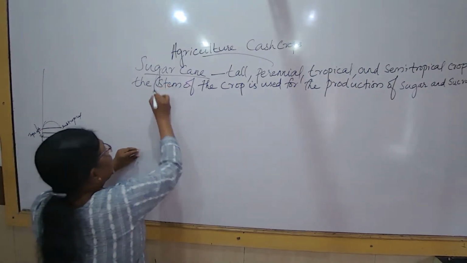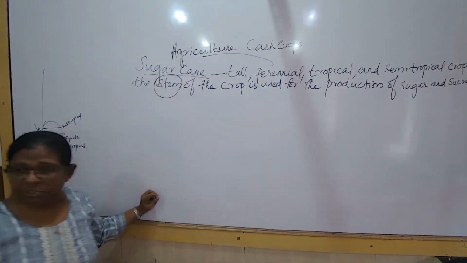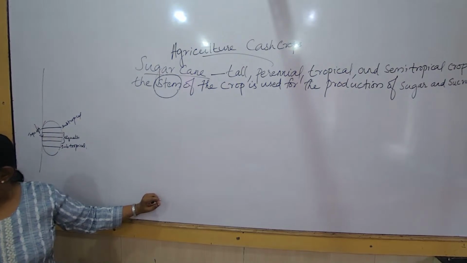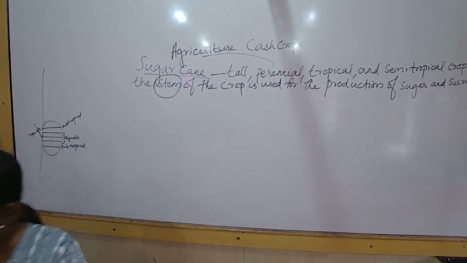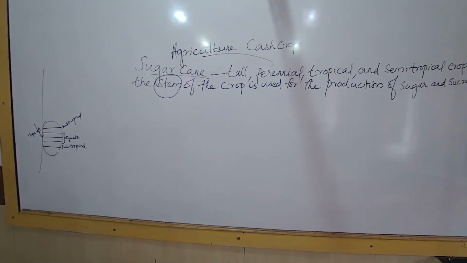Which part of the crop is used? The stem of the crop is used. Earlier we studied the harvesting of grains like paddy and wheat, and the separation after harvesting.